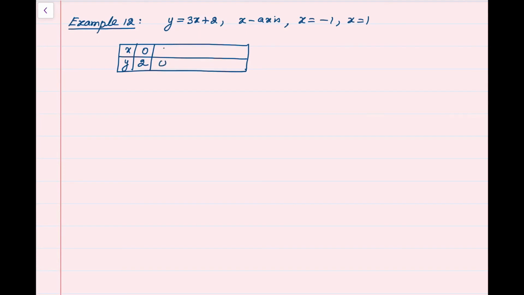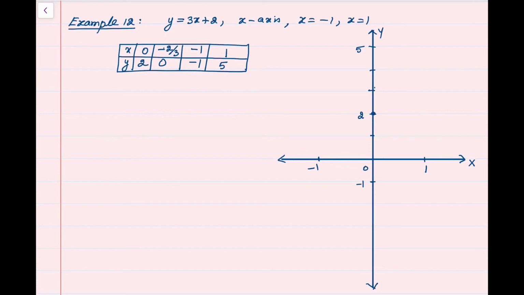And if y is 0, x is minus 2 divided by 3. And if x is minus 1, minus 3 plus 2 is minus 1. And if x is plus 1, it is 5.